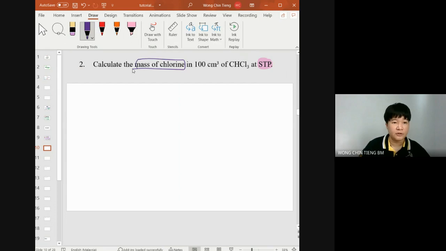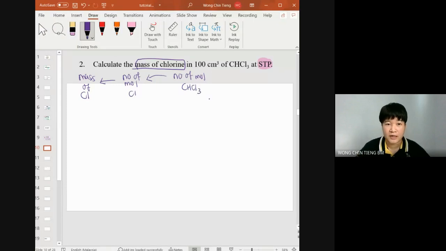We are looking for the mass of chlorine. Okay. So to find the mass of chlorine, we need to find the number of mole of chlorine. To have the number of mole of chlorine, kamu kena ada number of mole of CHCl3.